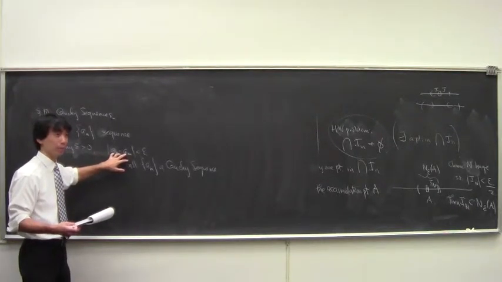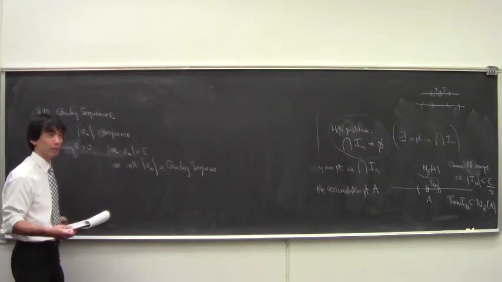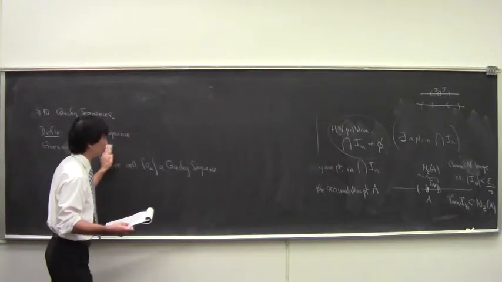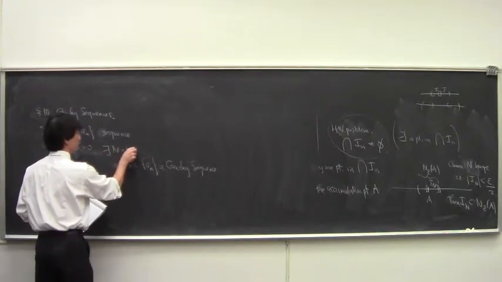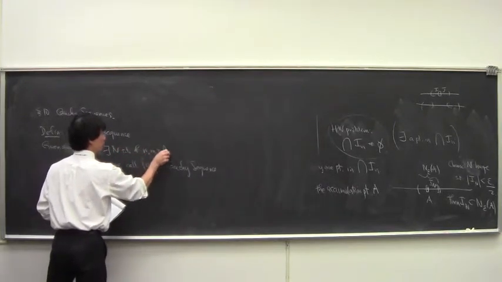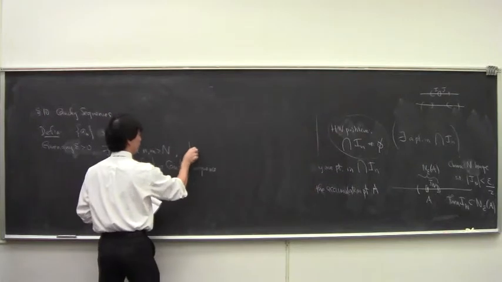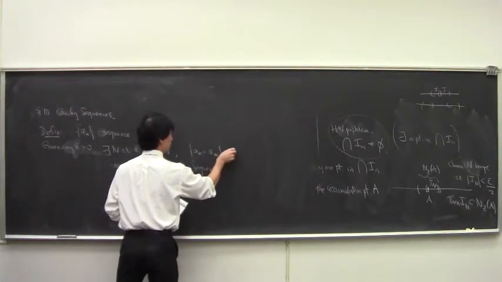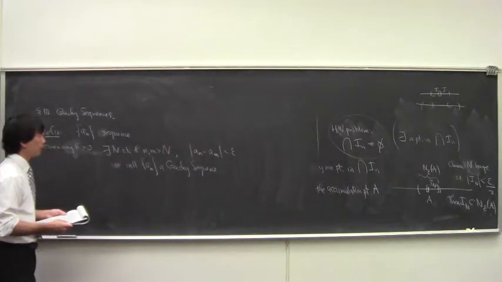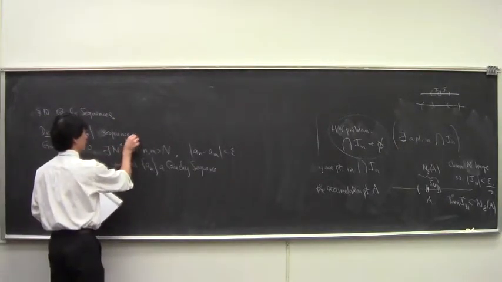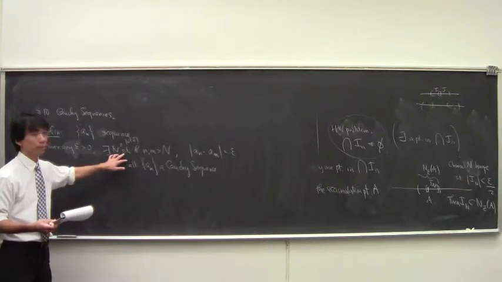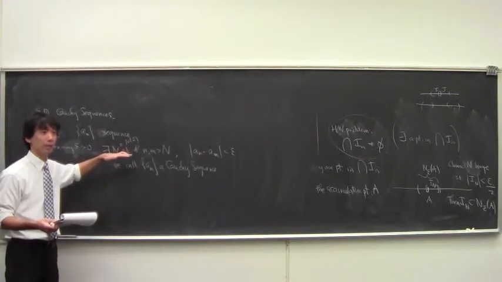Does anyone know the missing words we need to put in here? So there exists an N such that if n and m exceed that N, the distance between a sub n and a sub m is less than epsilon. So there's some time dependent on epsilon, so that past that time, everybody's within epsilon of each other.